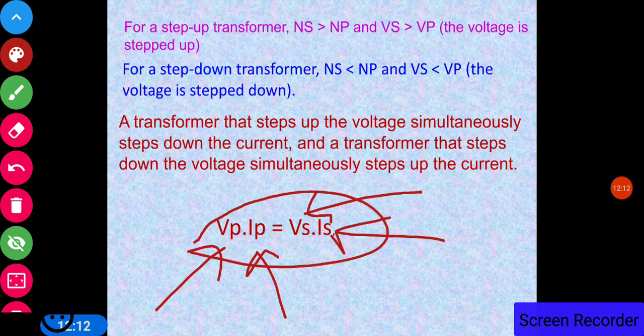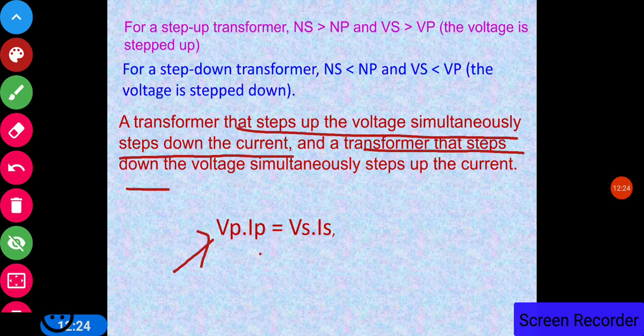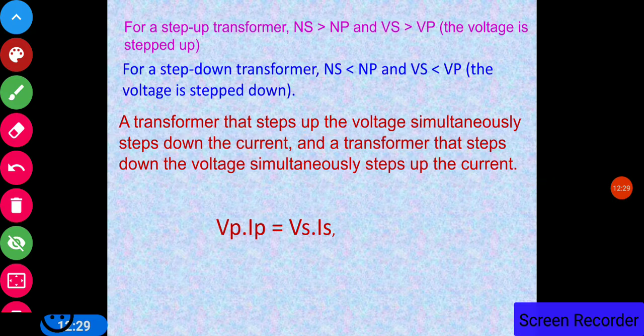So we can say a transformer that steps up the voltage simultaneously steps down the current, and a transformer that steps down the voltage simultaneously steps up the current.